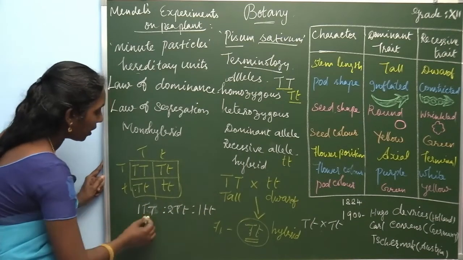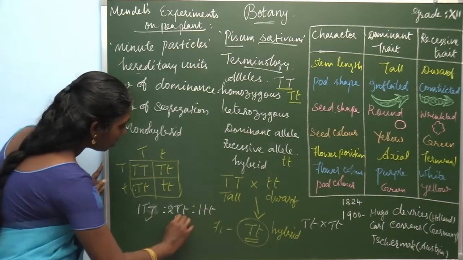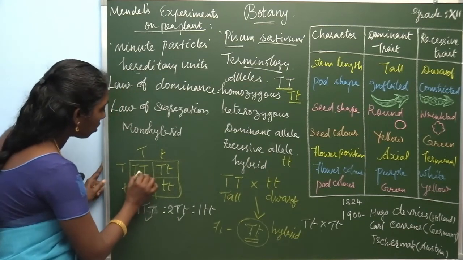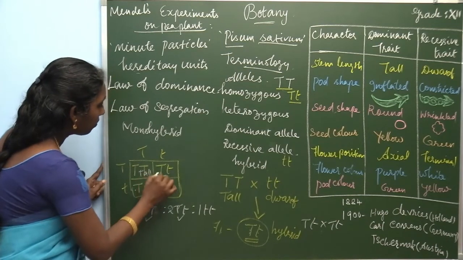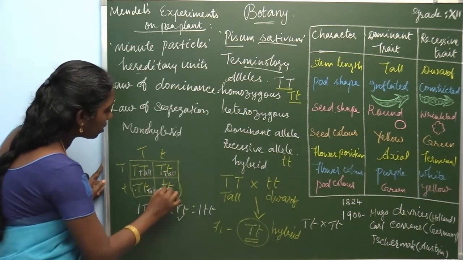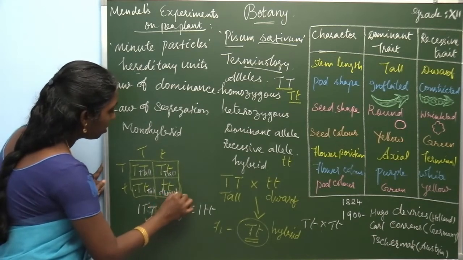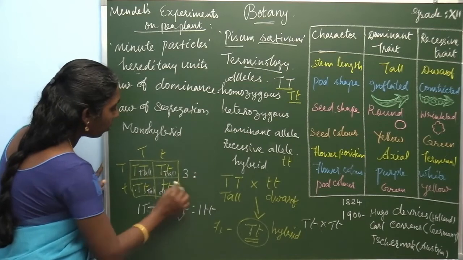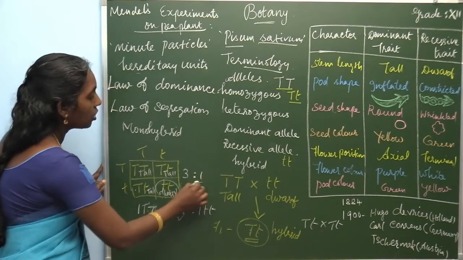But phenotypically, this is tall, this is tall, this is tall, and this is dwarf. So it gives 3 tall is to only one dwarf, a 3 is to 1 ratio.